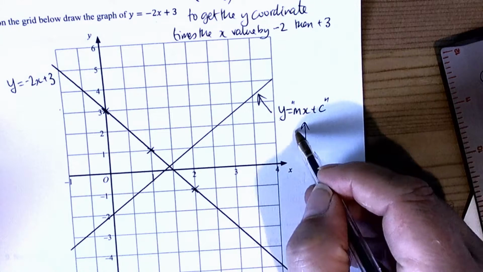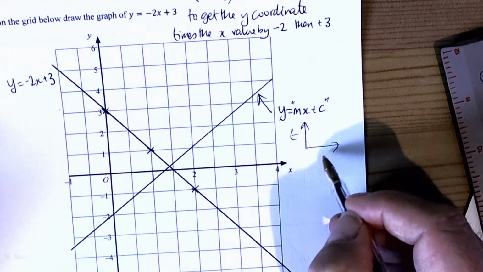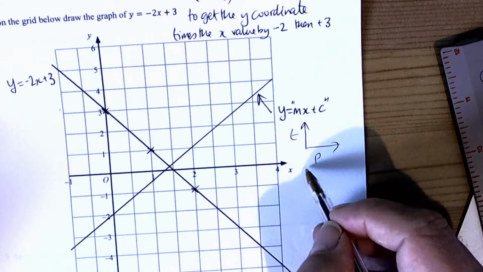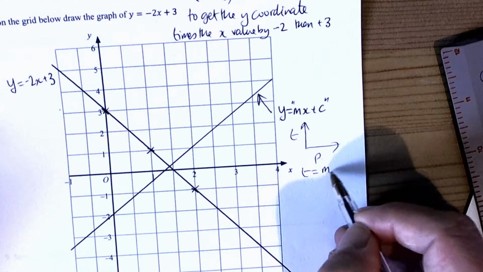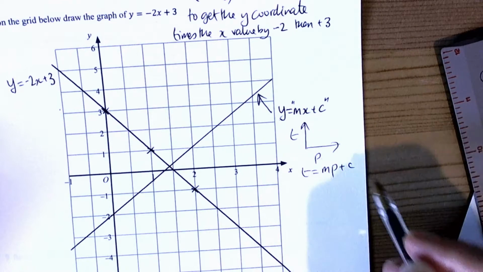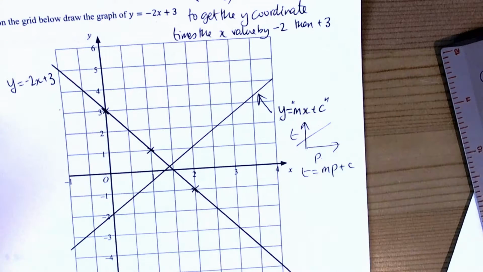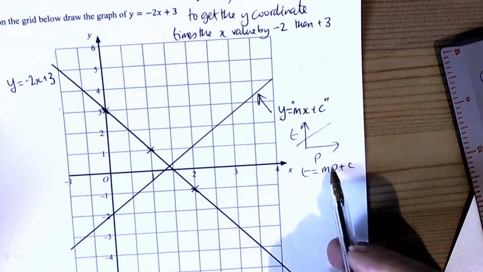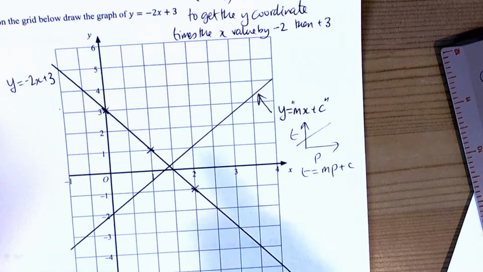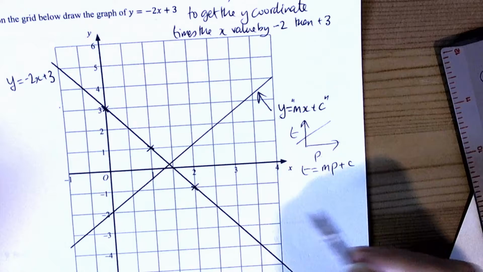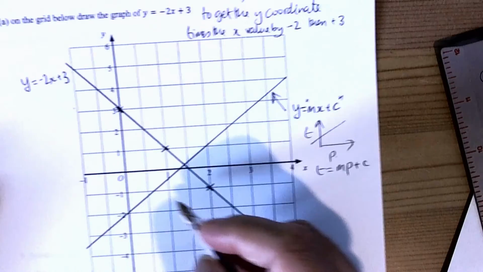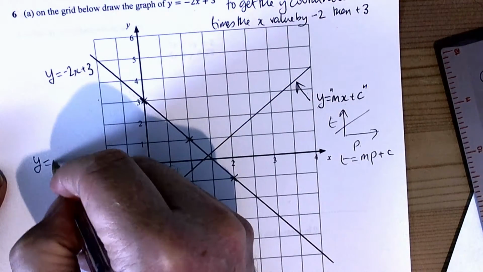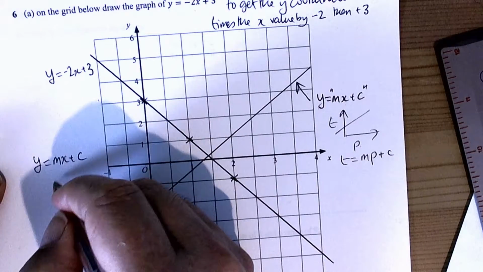If the graph was about temperature and pressure, then it would be t equals something to do with p plus some number, and we'd be using t and p rather than y and x. So we need to recognise a standard form, y equals mx plus c.